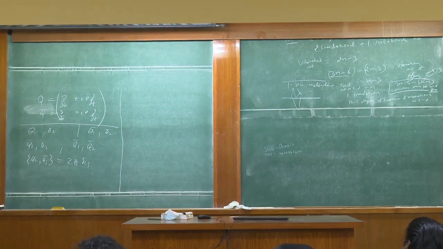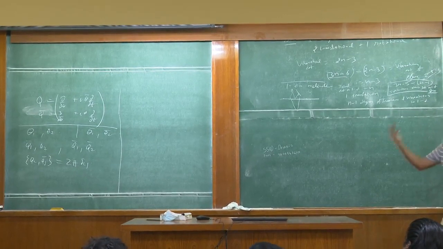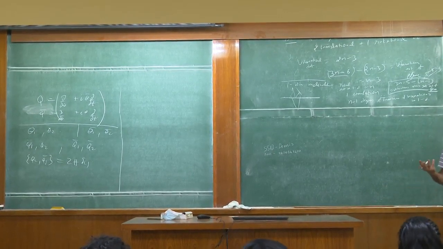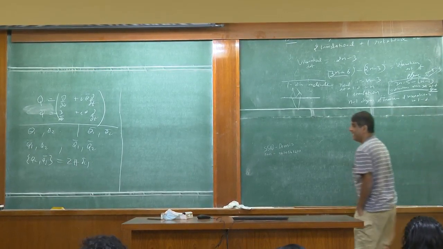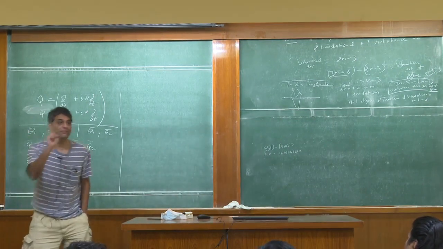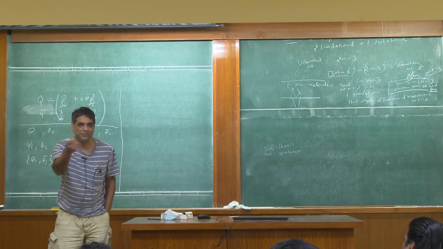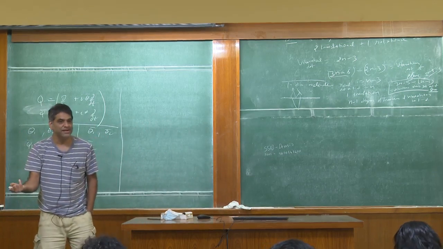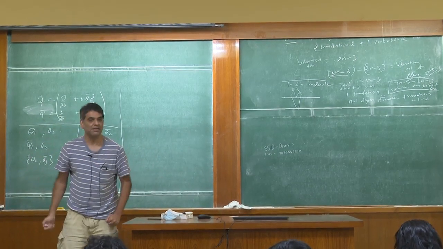So the whole point of using superfields, namely to have a good representation of the supersymmetry algebra, will be lost. On the other hand, if you put a sensible constraint, namely one that commutes or anticommutes appropriately with the supersymmetry algebra, you don't have this problem.